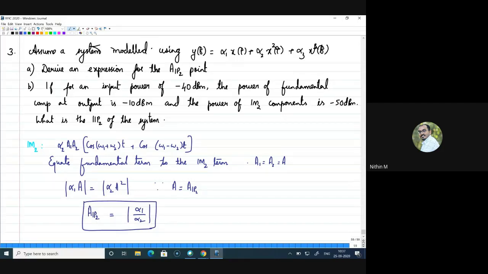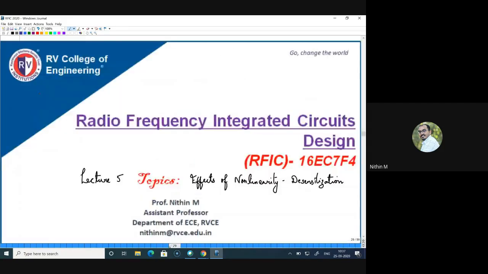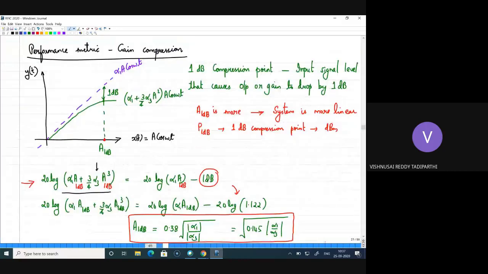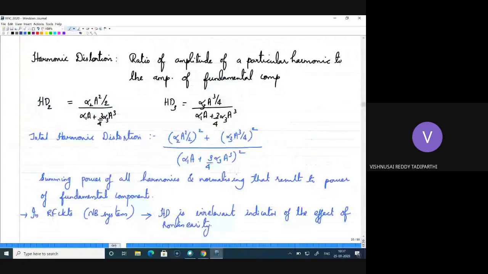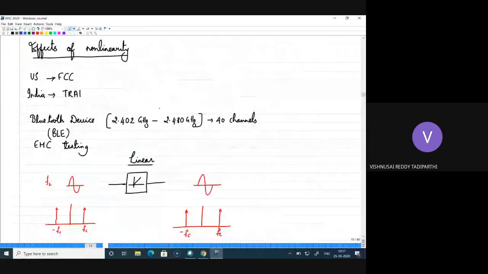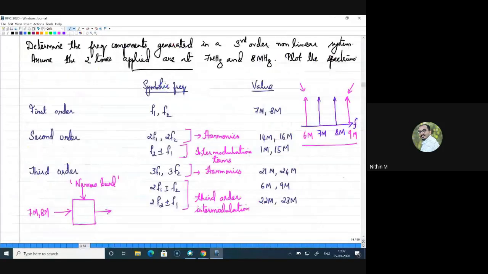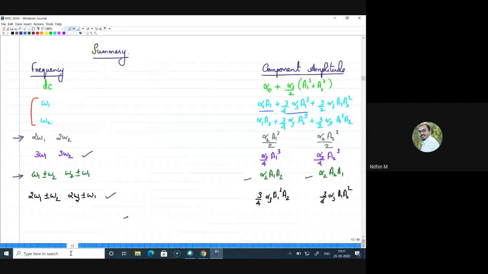Vishnu: 2 alpha 1 by alpha 2. What is that? Half is there. Yes, sir. When we square it, it becomes cos square, so we have to convert to just cos. That time half will come. No, that is coming as the DC term, right? Yeah, true.